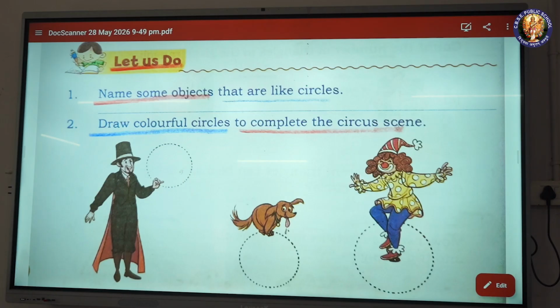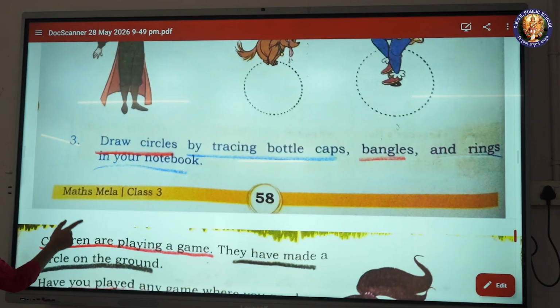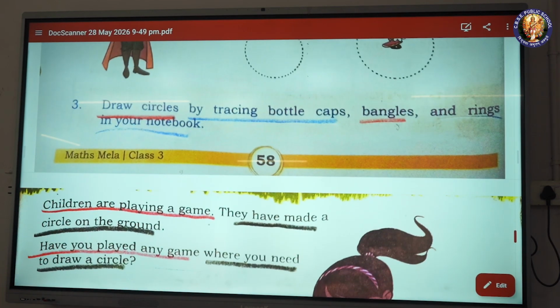Name some objects that are like circles. 2. Draw colorful circles to complete the circus scene. 3. Draw circles by tracing bottle caps, bangles and rings in your notebook.